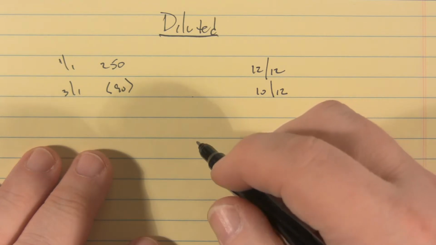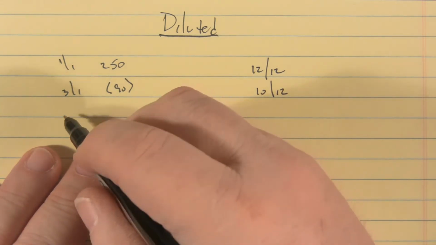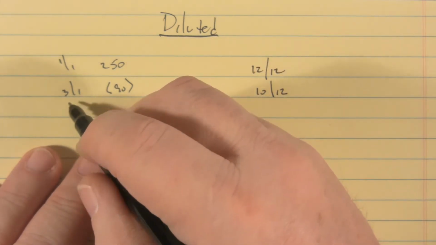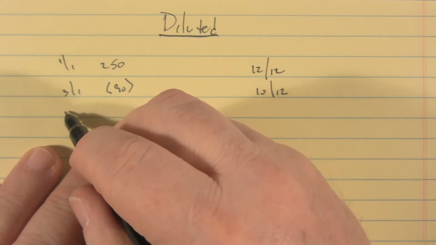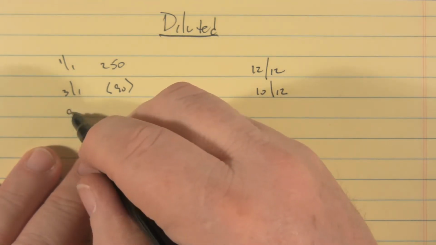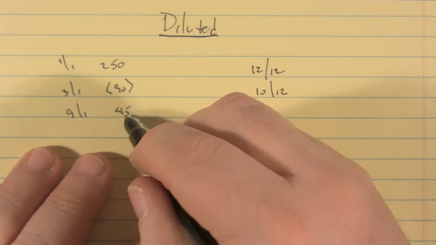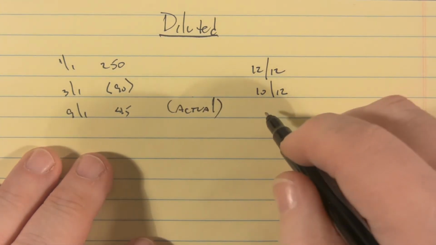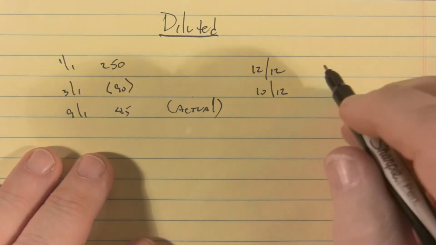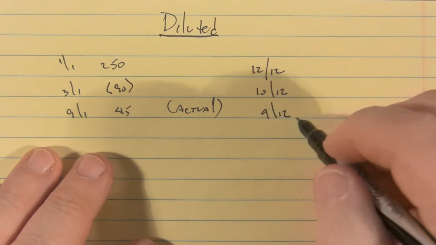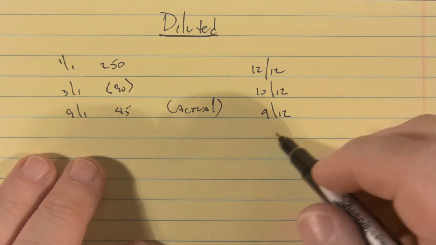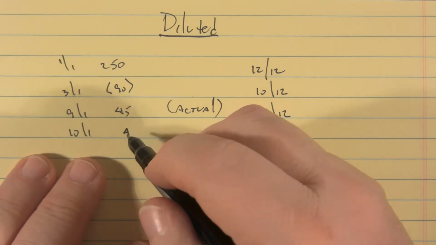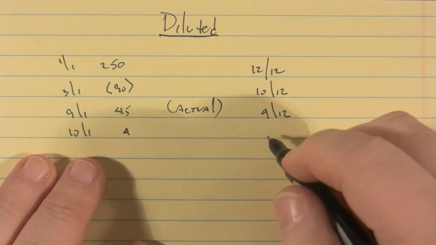And then we had the actual exercise of 45 million shares. That was on 9/1. 45 million actual, and they were out for the 4/12. And then we had some more shares issued, 10/1, 4 million shares, and they were out for 3/12.